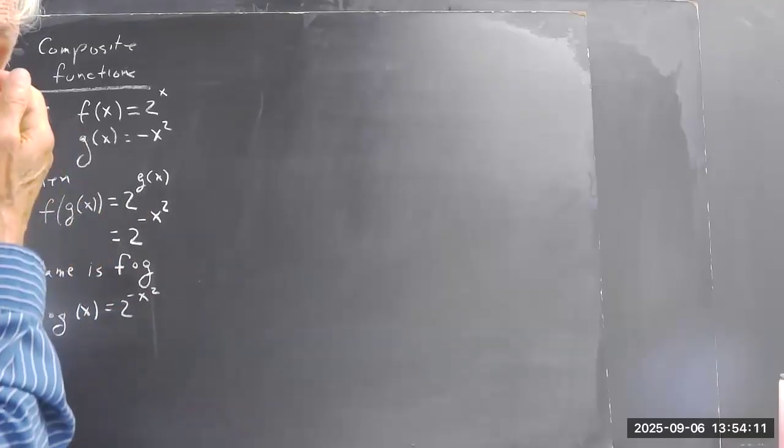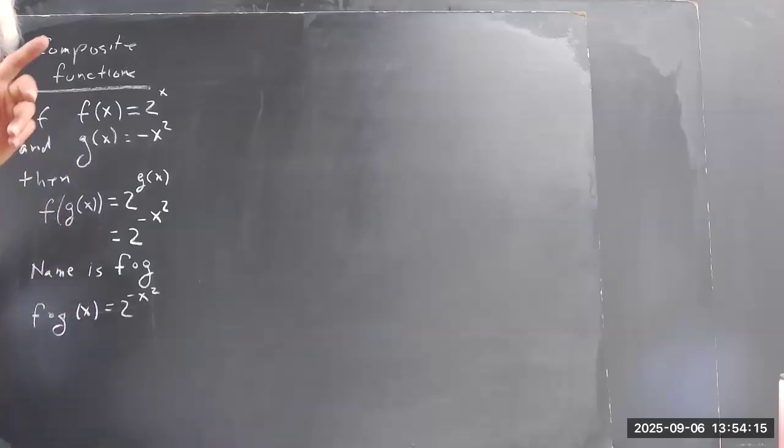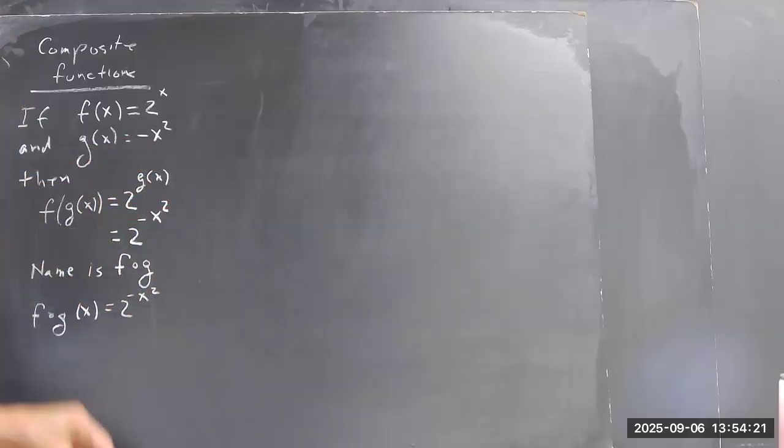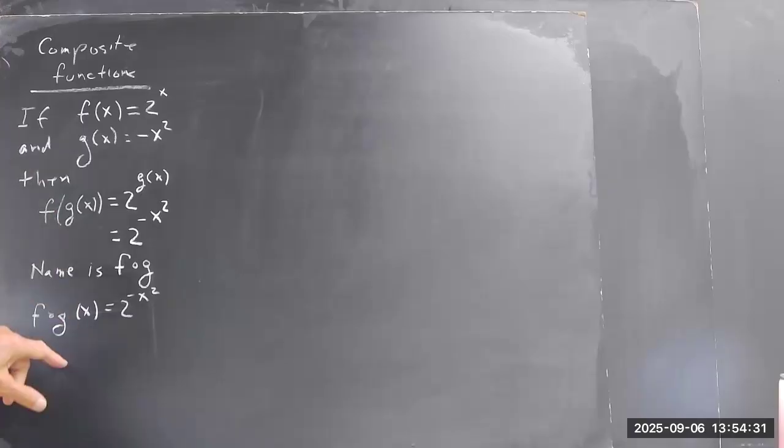We talk about the function f circle g instead of the function f of g. It's just a little more concise to say f circle g. You might not think it is. You might want to stick with this. This means the same thing as this. But you're going to see that notation. And there's a good reason for it. Okay.